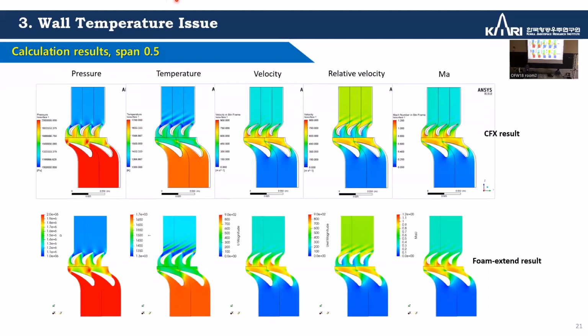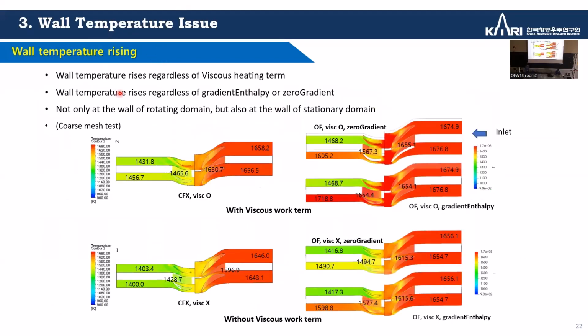The temperature field is very different. So the problem was due to the wall temperature. This is the reference from CFX, but OpenFOAM made its wall temperature higher than the other result.